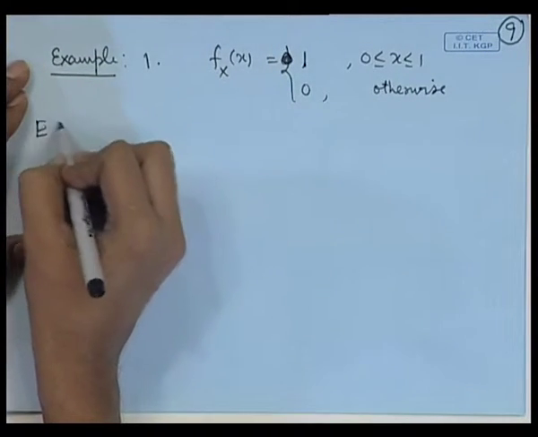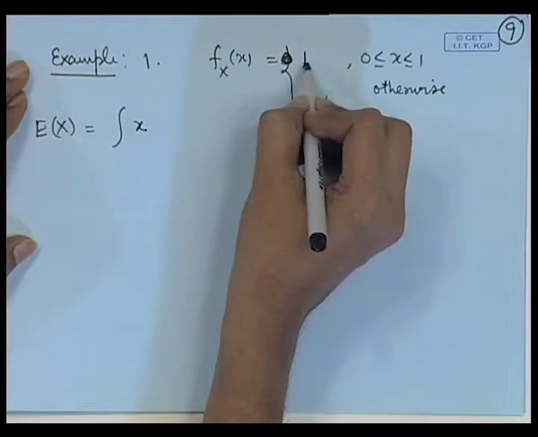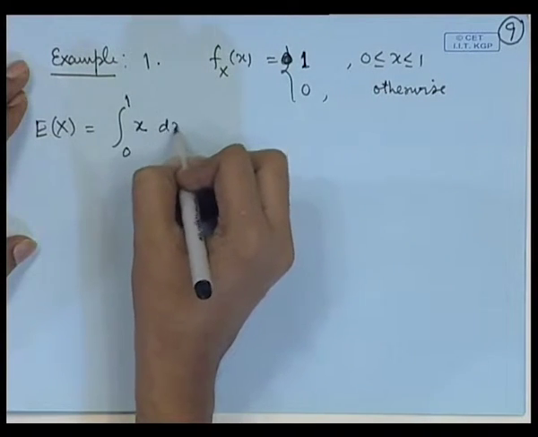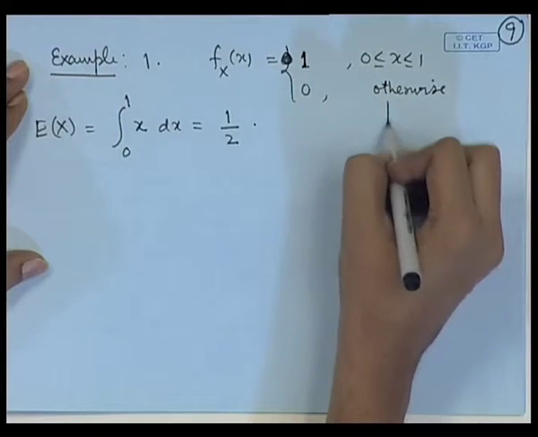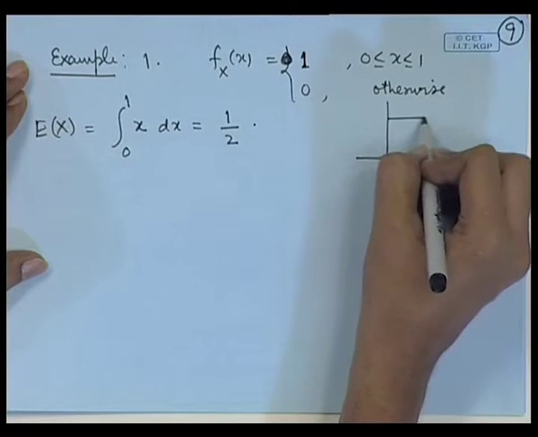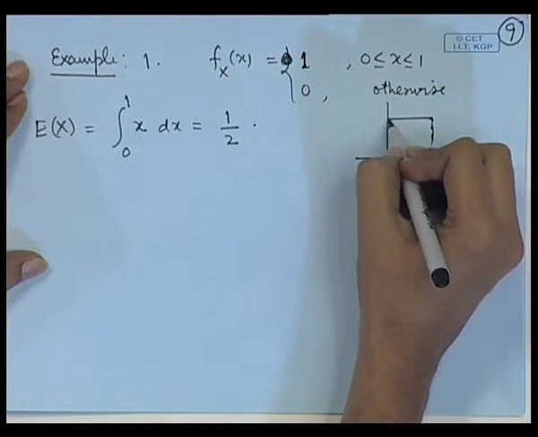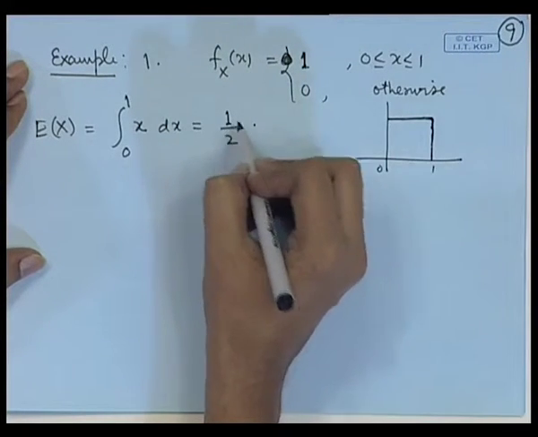So, expectation of x will become equal to the integral of x into f(x), that is equal to 1 in this interval, and therefore you will have basically only this term which is equal to half, which looks reasonable also, because if you plot this distribution from the 0 to 1 interval, it is actually a constant value, and therefore the mean value must be the middle value, that is half.